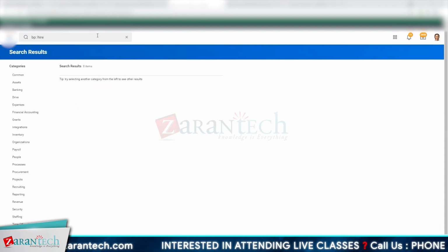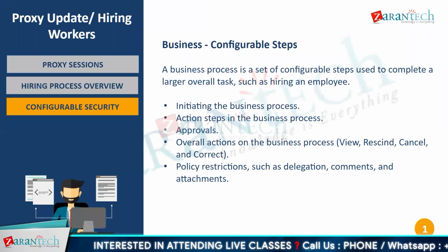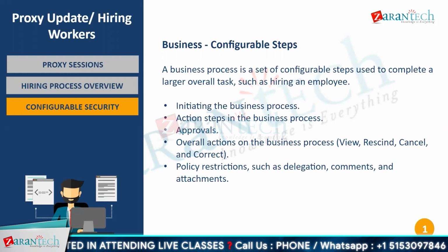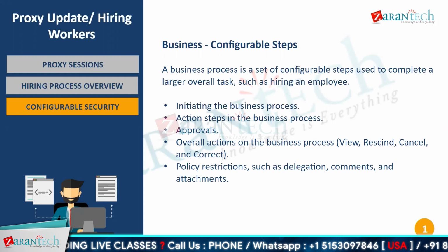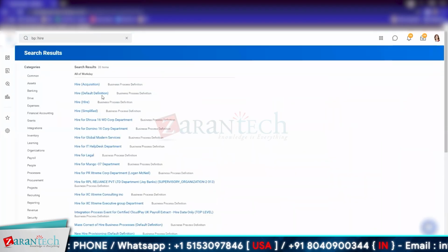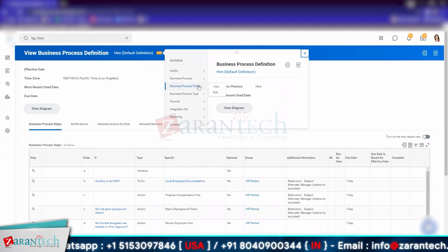Okay, so she does not have access to this. Let me see if I can log in to the community tenant. Say BP hire. And yes, I have access here on this tenant.